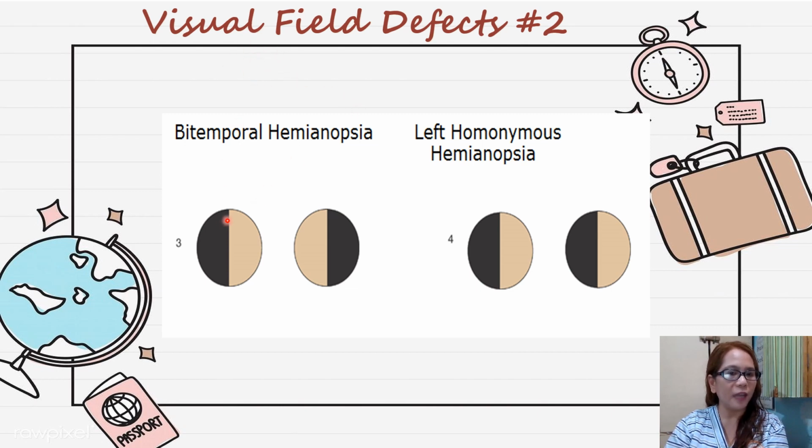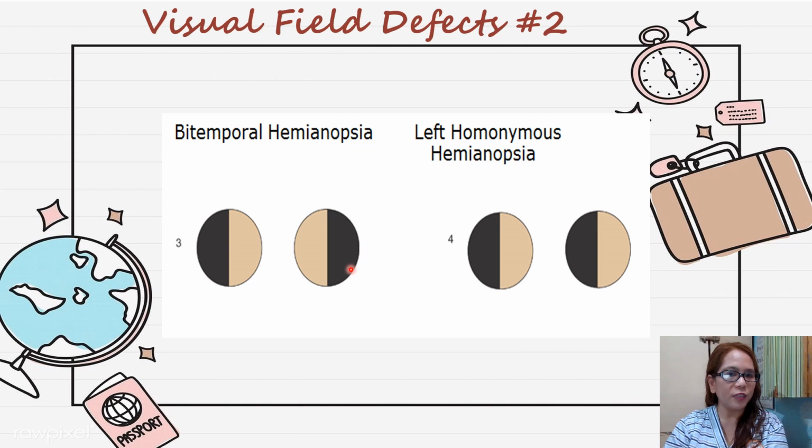Now we have the bitemporal hemianopsia. Okay, so alam naman natin that hemianopsia refers to blindness of one half of the visual field that is generally on one side. Now, this can occur after a cerebrovascular accident. Okay?